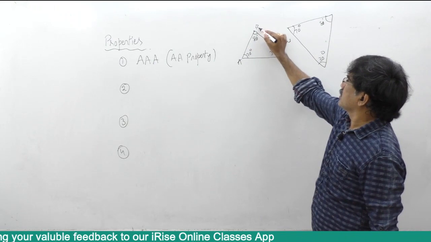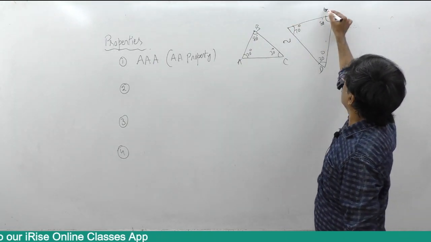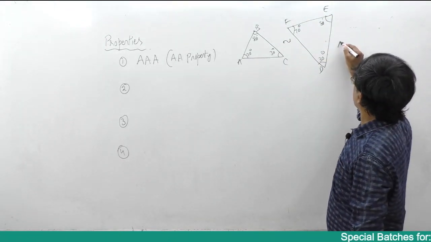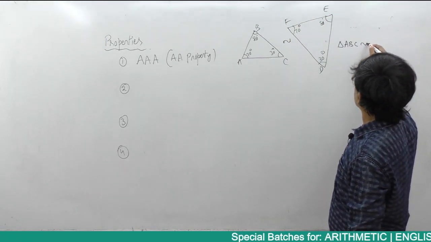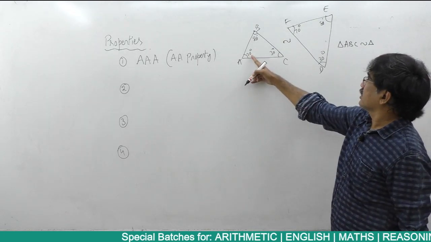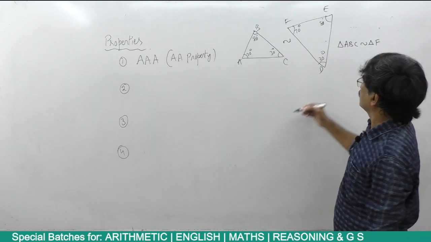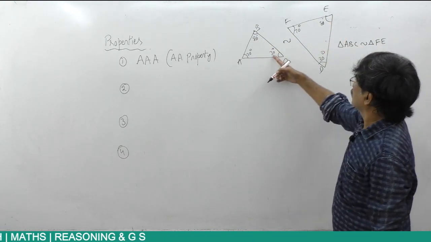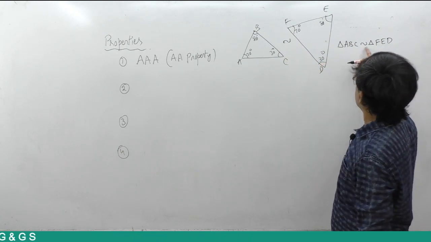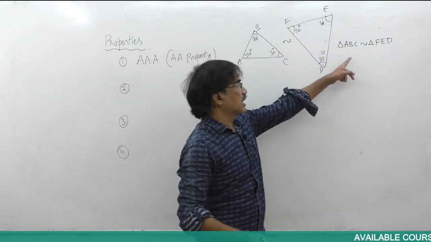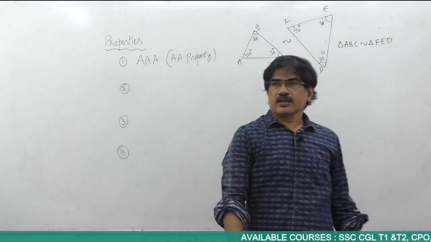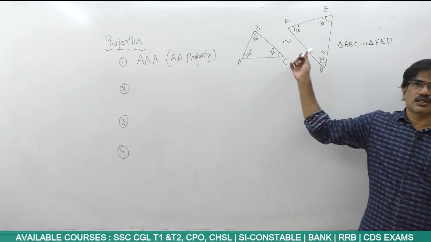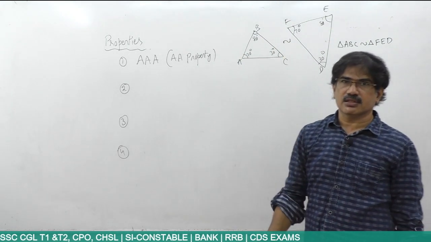If this is ABC and DEF, triangle ABC is similar to triangle FED: at A 70 degrees, here F 70 degrees, at B 80 degrees, here E 80 degrees, 30 degrees, 30 degrees D. If 3 angles of one triangle equal 3 angles of the other triangle, we say that the two triangles are similar triangles.